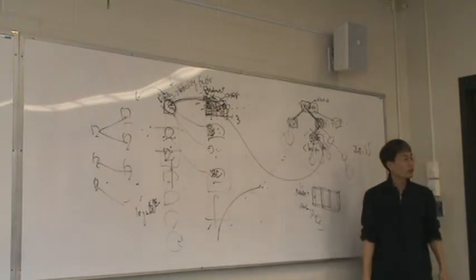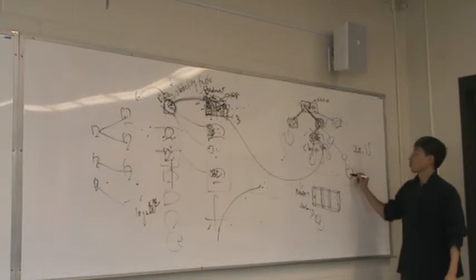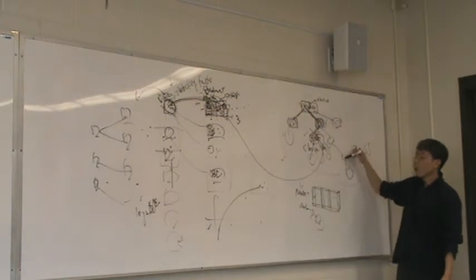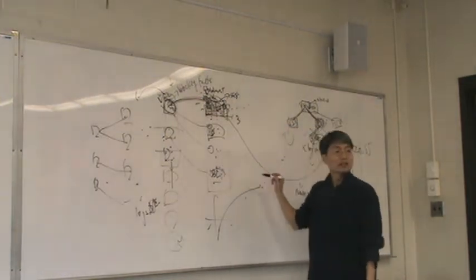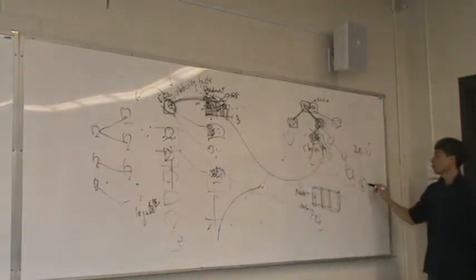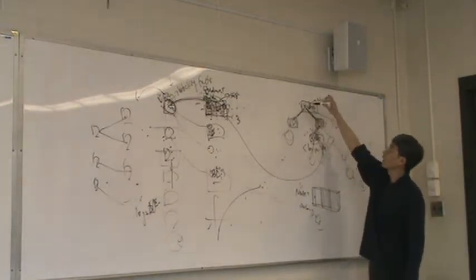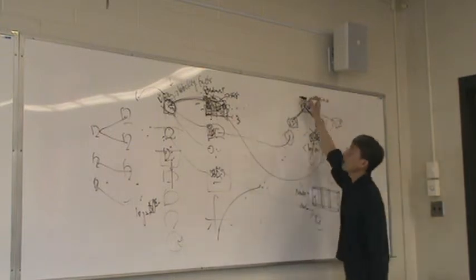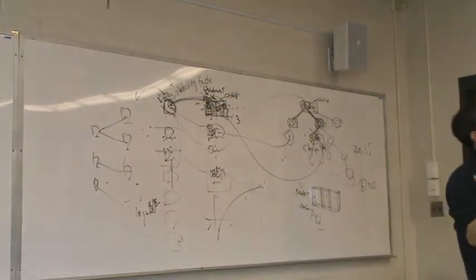For example, if the index entry is located in this node, how many I/Os do you need to access the data? 1, 2, 3, 4, 5, plus 1 for data. So a total of 6 I/Os to access the data. What about this node? We have 1, 2, 3, and 4. What about this one? 1, 2. Sometimes 2, sometimes 5, sometimes 6.